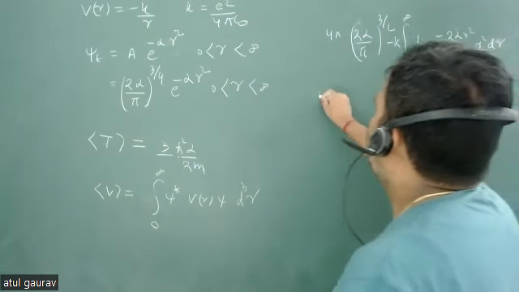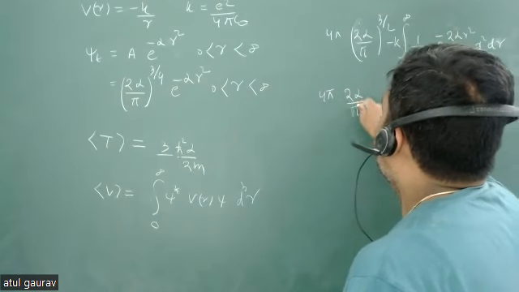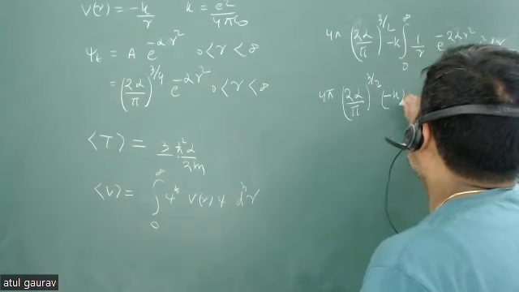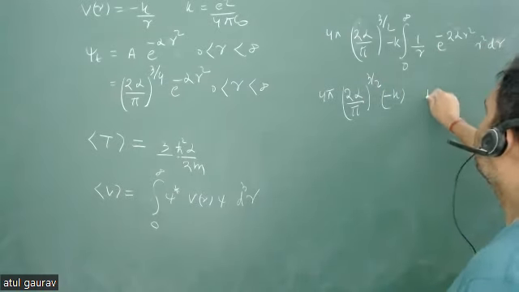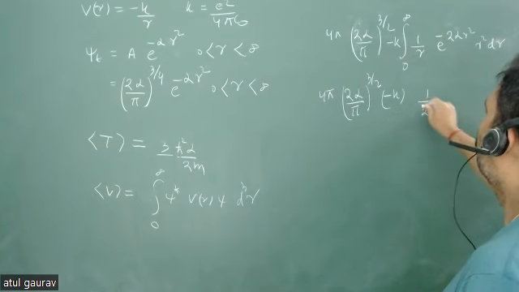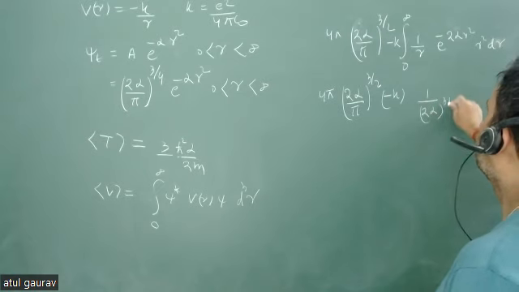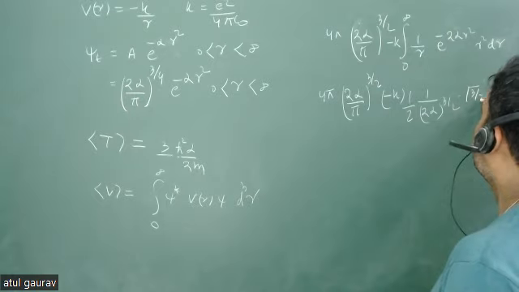And now we can integrate it by the gamma integral. 2 alpha upon pi to the power 3 by 2 minus k, and 1 by r is there. So what will this integration become? 1 upon 2 alpha to the power 3 by 2, and half will also be there, and gamma 3 by 2.